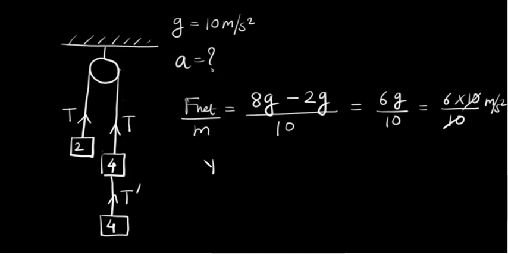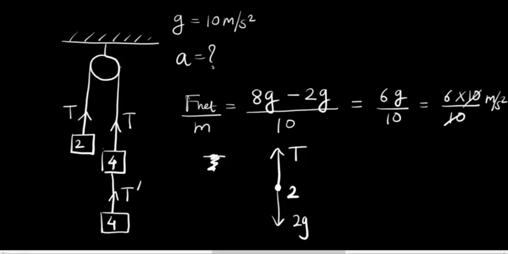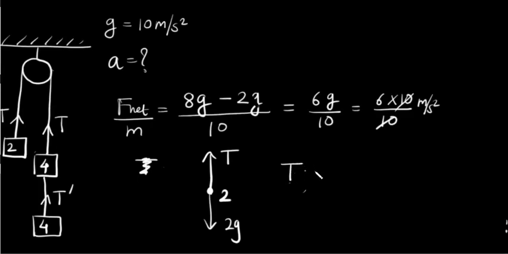If I draw the free body diagram of mass 2, this is mass 2. Upward direction force will be there, tension. Downward force will be there, which is 2g, the gravitational force acting on it. Now T minus 2g is equal to 2a.